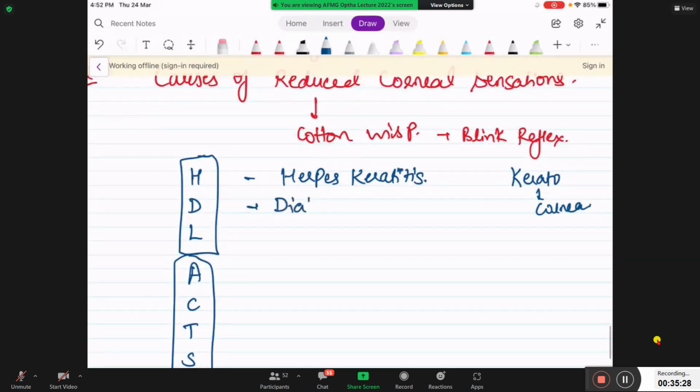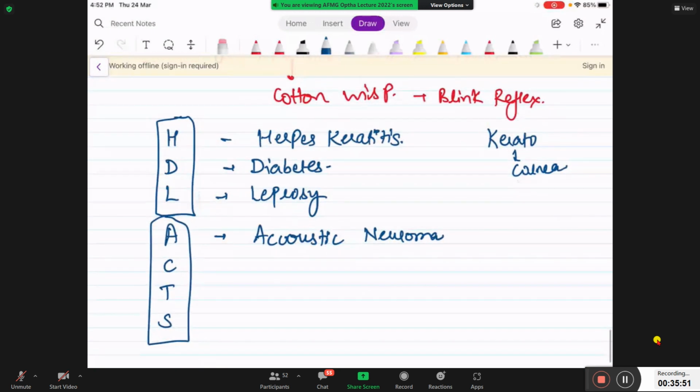D stands for diabetes. L stands for leprosy. And A stands for acoustic neuroma. C stands for contact lens wearer.